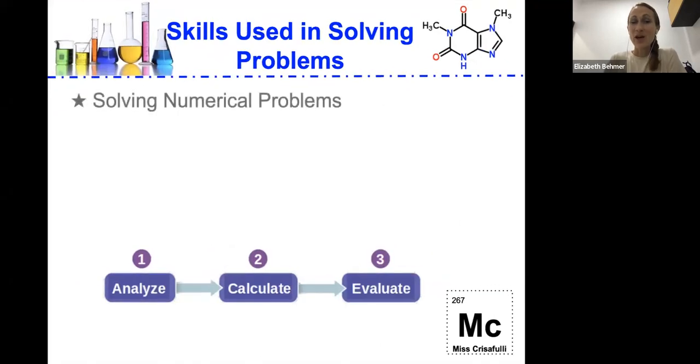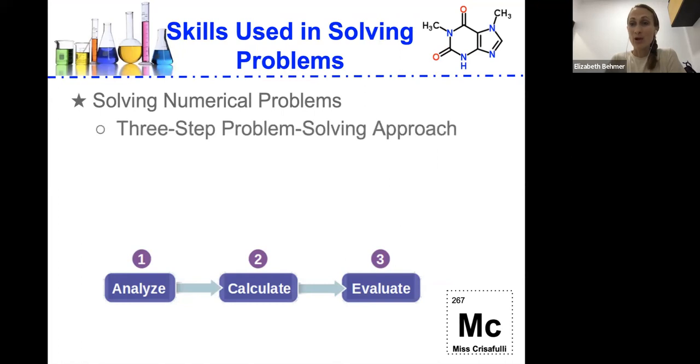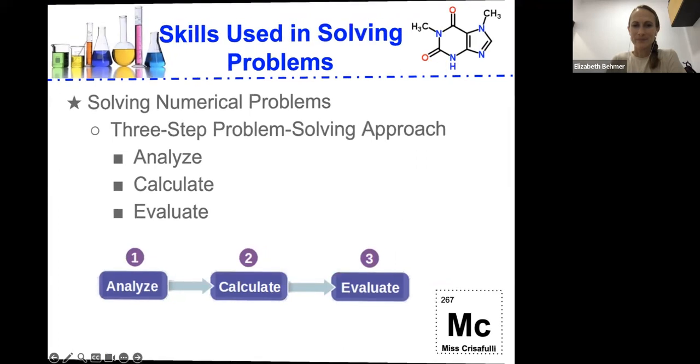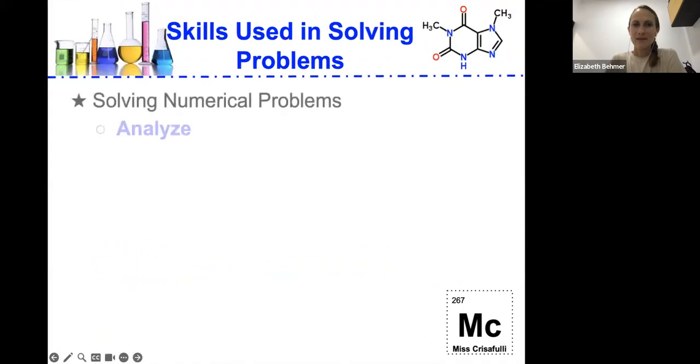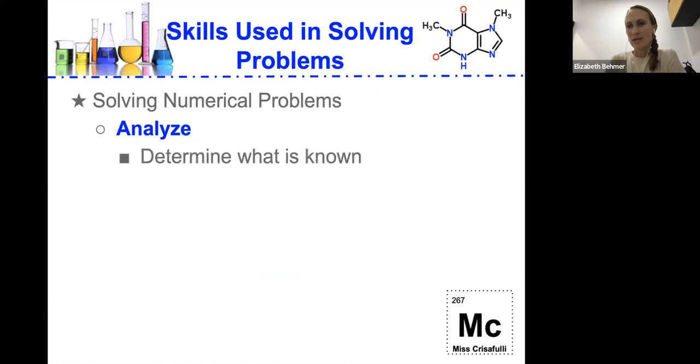So for example, solving a numerical, like a number problem, there's a three-step problem solving approach where we analyze, we calculate, and then we evaluate. So let's go over what that means. Analyze. This is determining what is known.